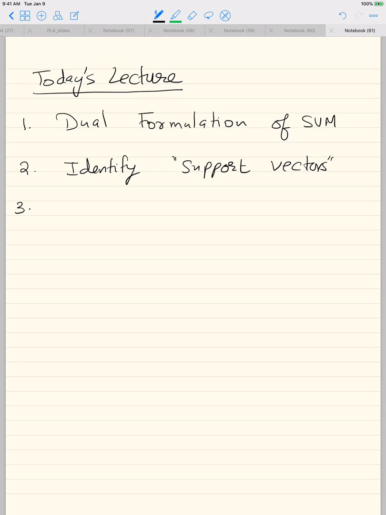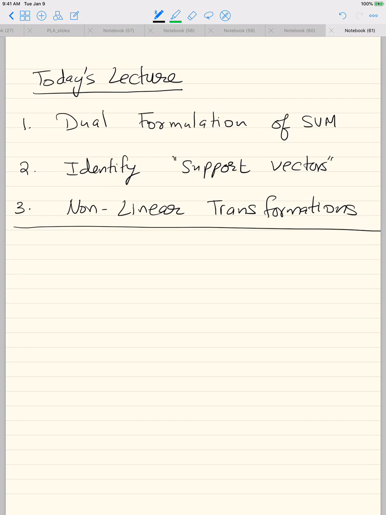And third and most importantly, we will show how we can extend this to nonlinear transformations. Okay, so we'll start with the dual formulation.